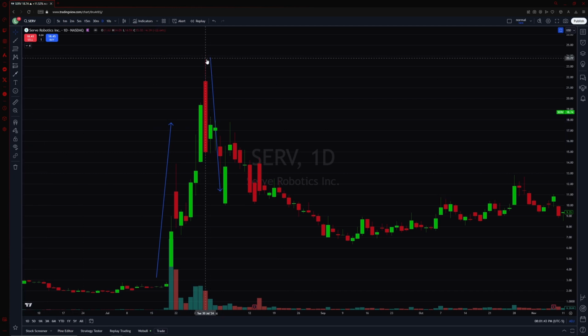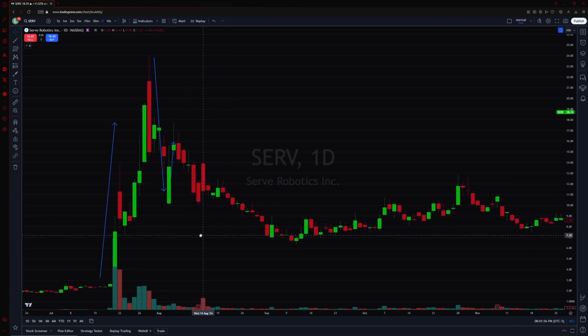After this first red day and a few days of continuation, the idea is you get too distended, pushed too far down, and then you have some kind of small bounce, like a dead cat bounce like this, and then you continue going downwards. This cycle will repeat itself. You'll get too distended downwards, and you'll have a small bounce, kind of like this.